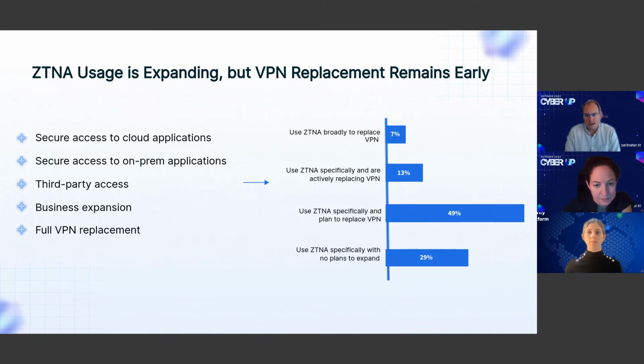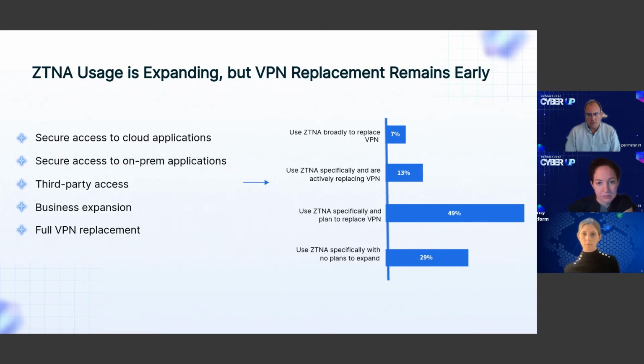So we mentioned ZTNA as a common starting point, but I did want to double click on this a little bit, because it's an interesting space that has really accelerated right along with SSE. Prior to the pandemic, ZTNA was very niche and use case focused.